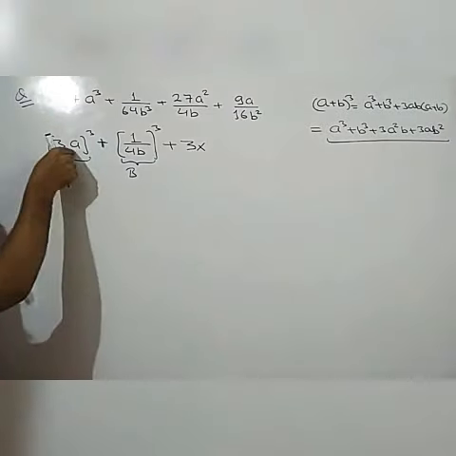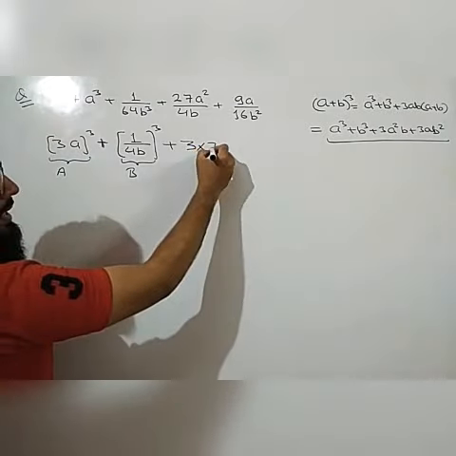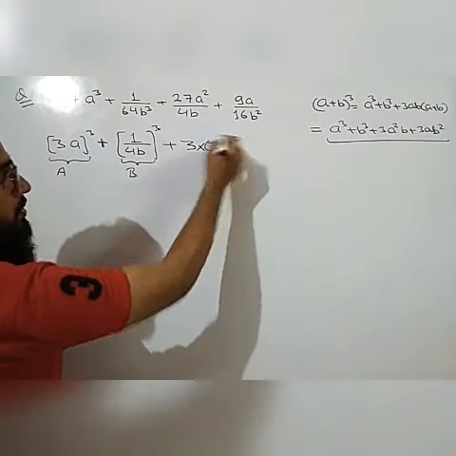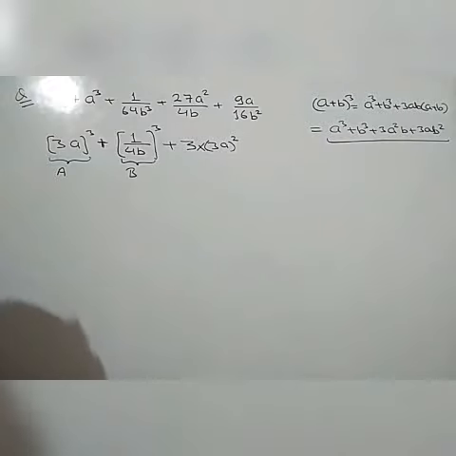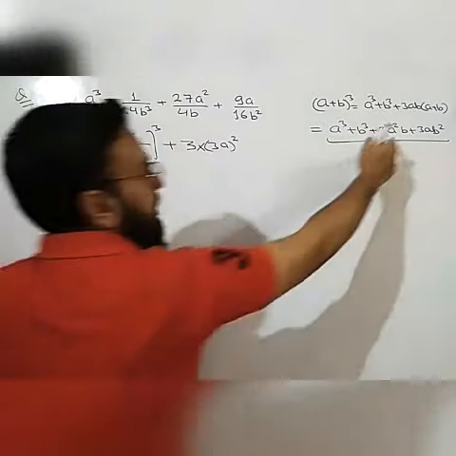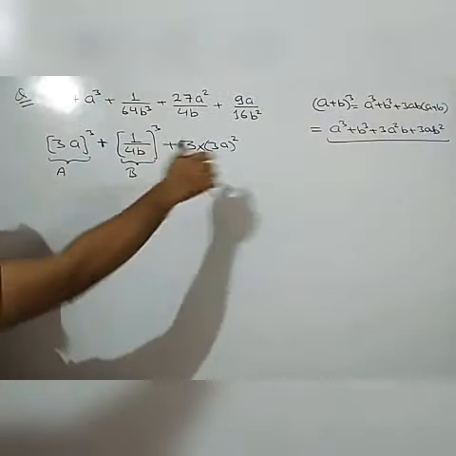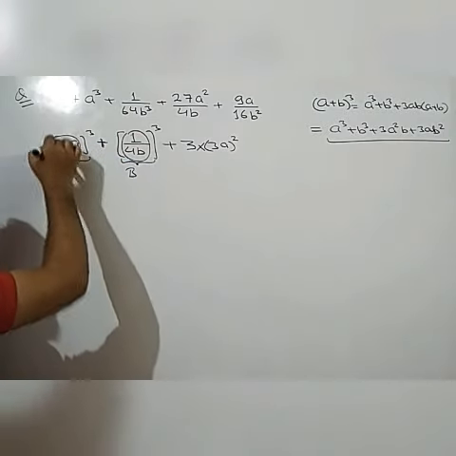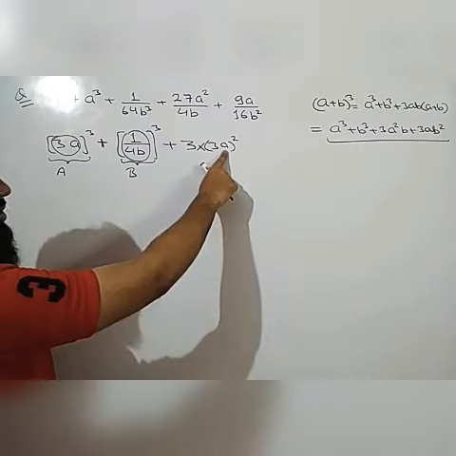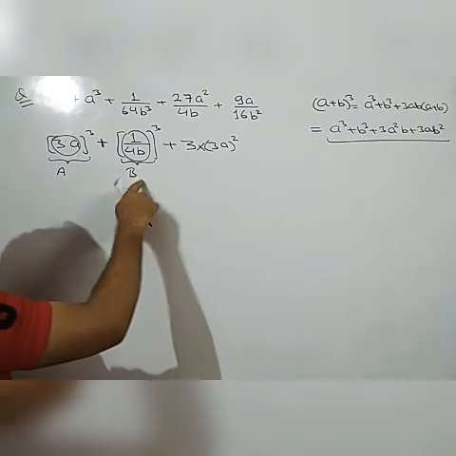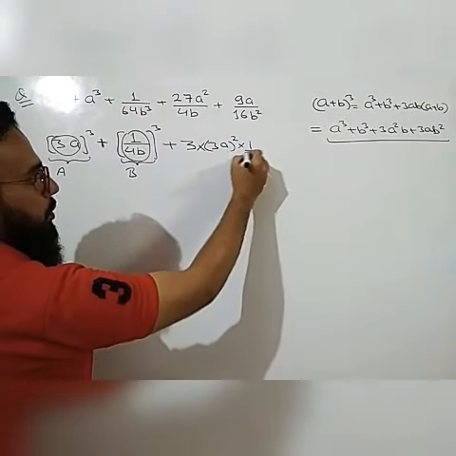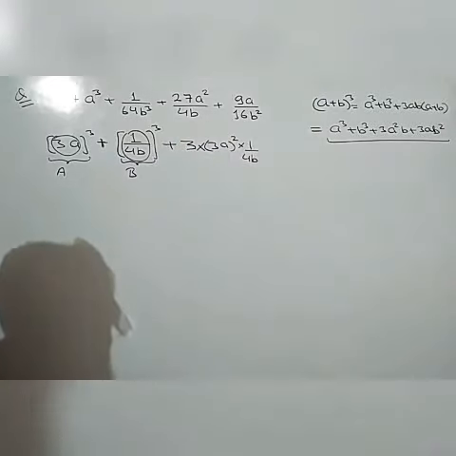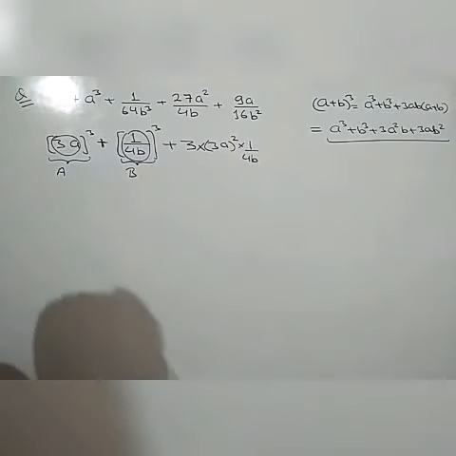The value of a is 3a. So it will be 3 into 3a whole square, into b. And what is the value of b? At the place of b there is 1 upon 4b. So at the place of a we are putting 3a square, and at the place of b we will put 1 upon 4b. So it is our third term.